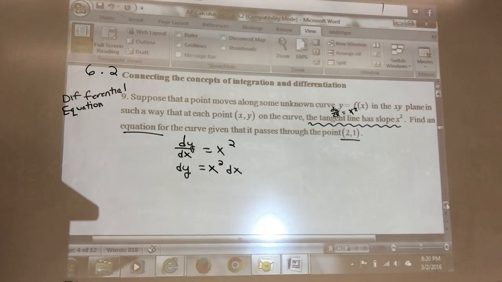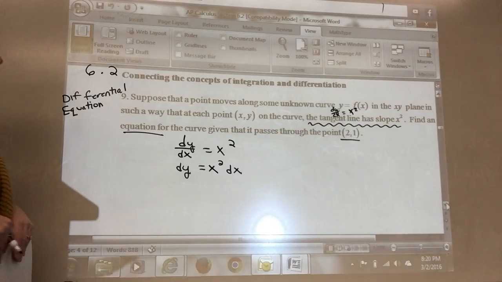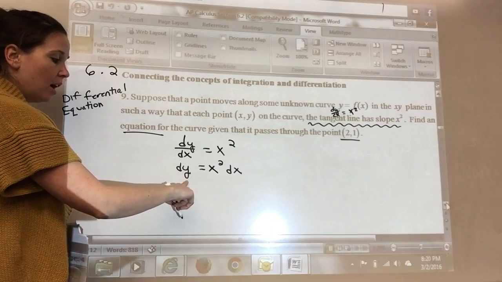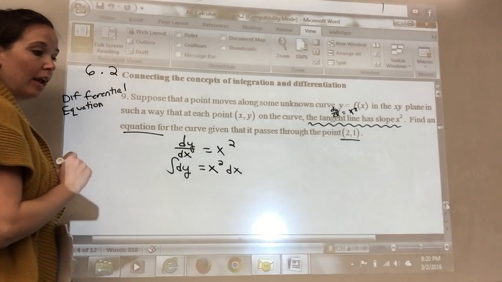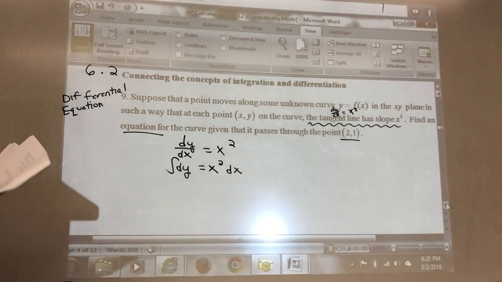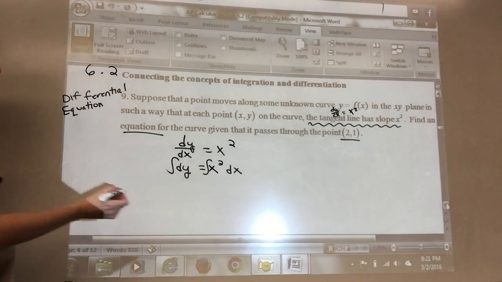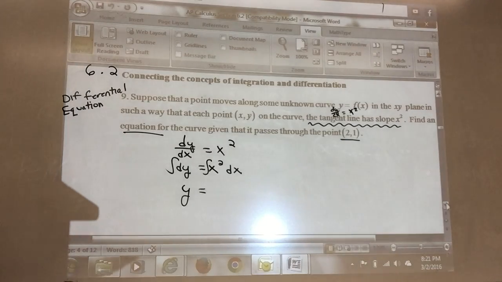Since we just learned that a derivative and an integral are inverses, why not say, I don't want the derivative of y, I just want y. And if I just want y, can I integrate to get rid of the derivative? Okay? And so if I integrate both sides, I'll end up getting y alone. I'll get the function or the equation that I am looking for.